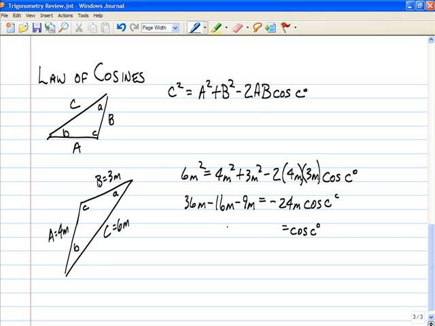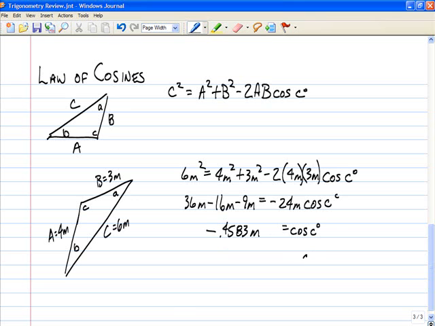And 11 divided by 24 should be something like 0.4583. Now this was a positive value divided by a negative value. It's going to leave you with a negative number, isn't it? So the cosine of C is negative 0.4583.